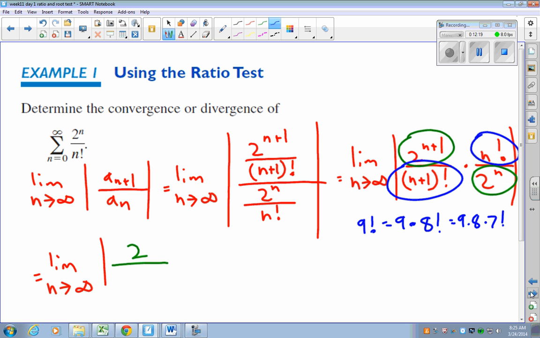Likewise, n plus 1 factorial would be the same as n plus 1 times n factorial. You list the first guy and then you factorial the rest. And so because of that, the n plus 1 factorial on bottom is just 1 bigger than the n factorial on top. So the thing that's left over is that n plus 1.